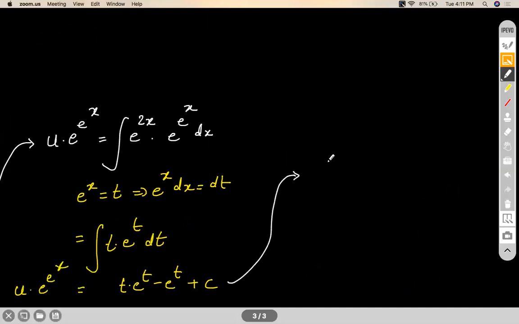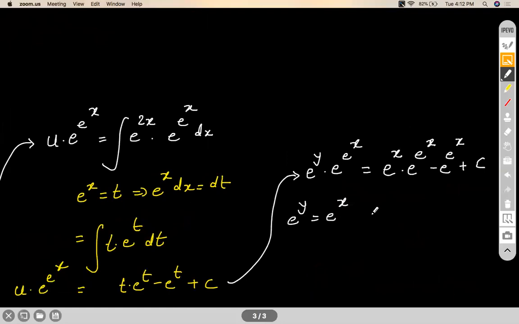So your final answer would look like this: e to the power y times e to the power x is equal to t e to the power t, which is e to the power x times e to the power x, minus e to the power x, plus a c. If you want, you can divide throughout by e to the power x. So you can say this is e to the power x minus 1 plus c e to the power minus e to the power x.